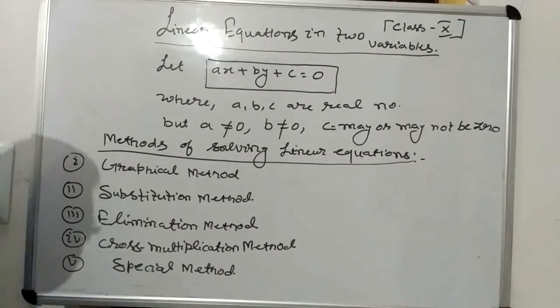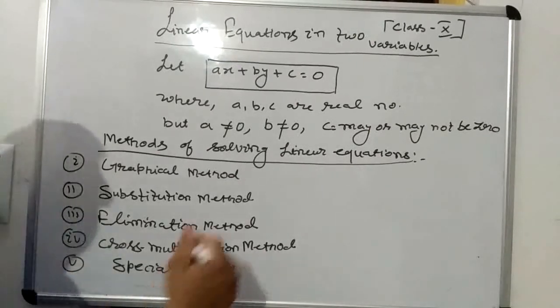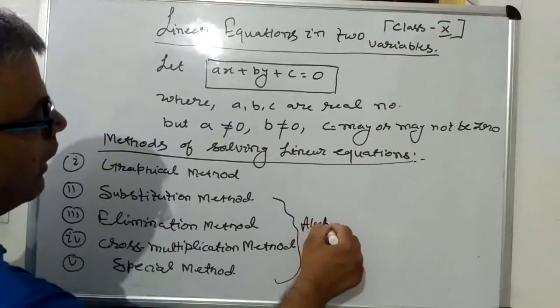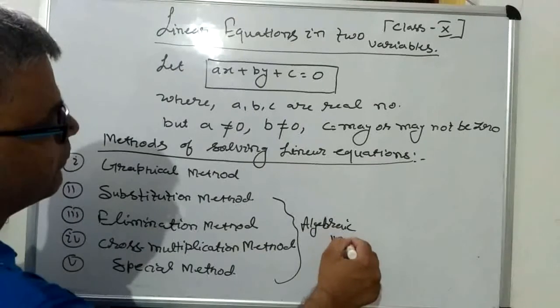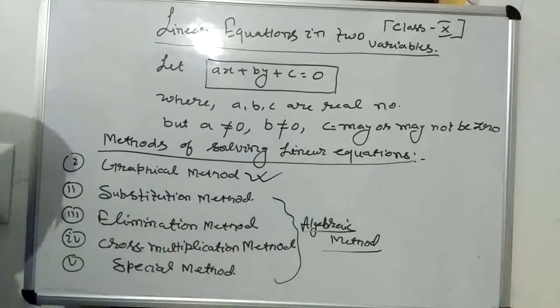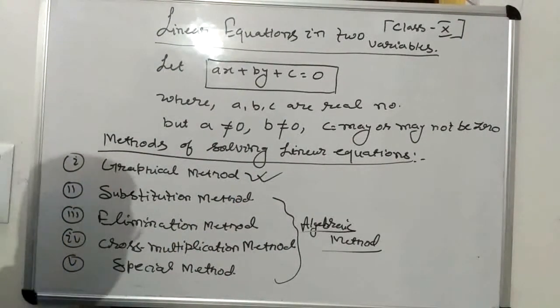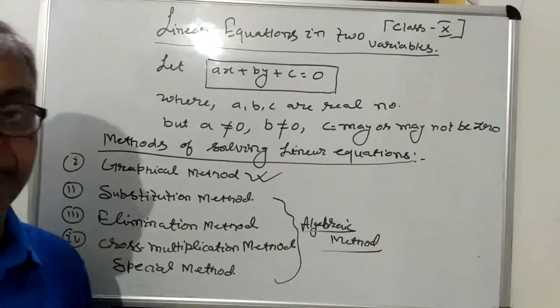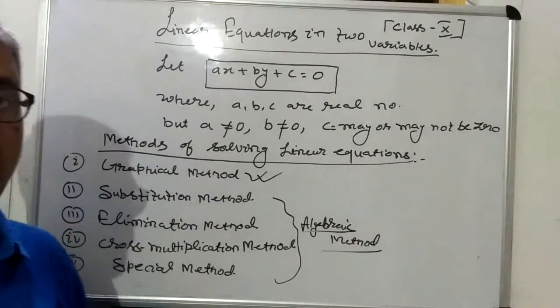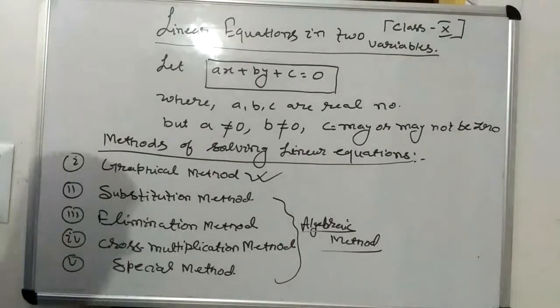So children, these three together are also called the algebraic method. And this one is called the geometric method, because you are supposed to draw the graph of the linear equation. So these are the main methods of solving linear equations of two variable.